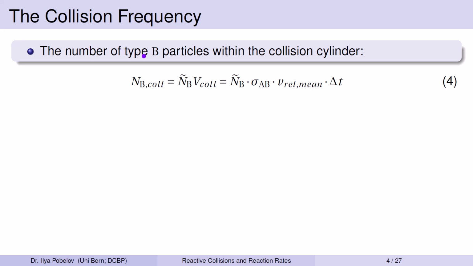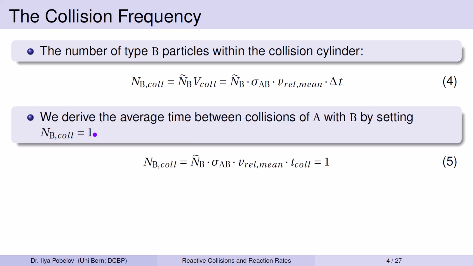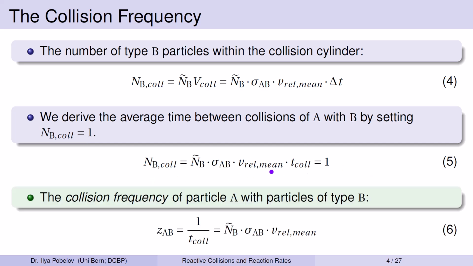The number of type B particles within the collision cylinder is given by the particle density of B multiplied by the volume of the collision cylinder. We derive the average time between collisions of A with B by setting this number equal to 1. Solving this gives the collision frequency of particle A with particles of type B.